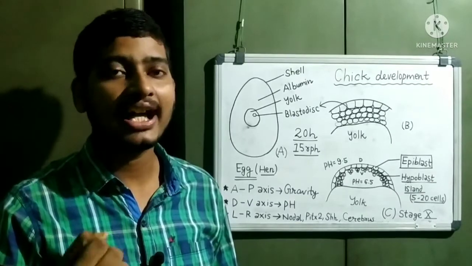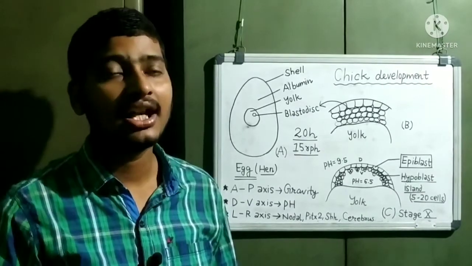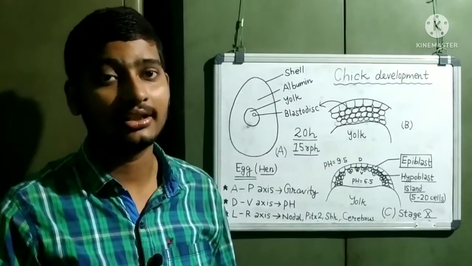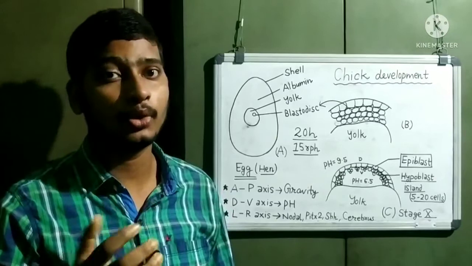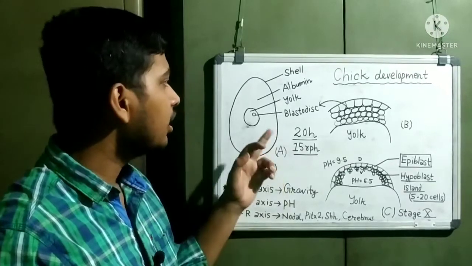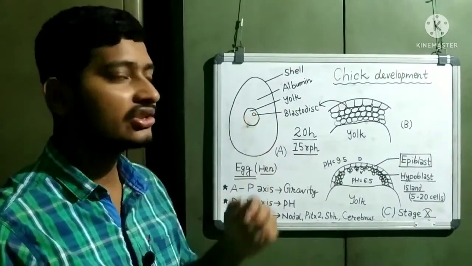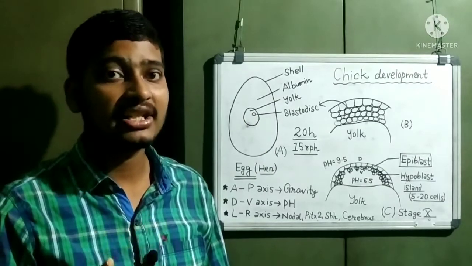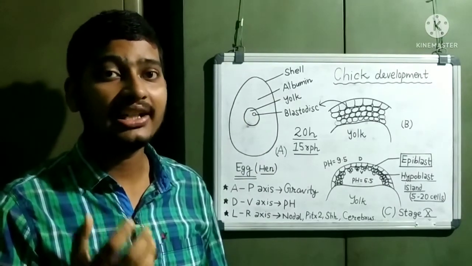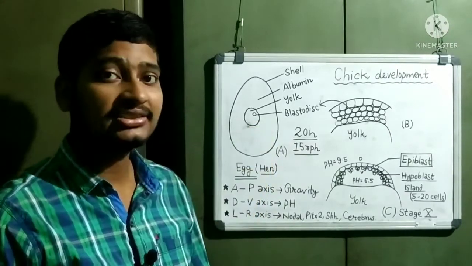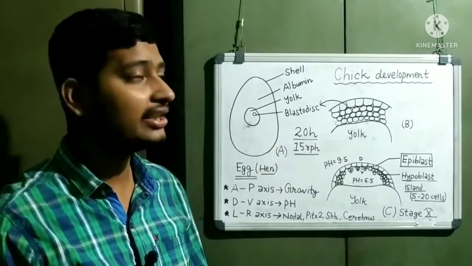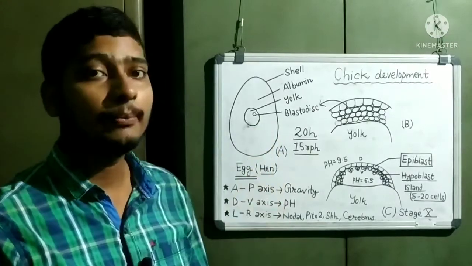All birds have megalecithal egg and telolecithal egg, that is, yolk is concentrated at the vegetal pole. Okay, along with the yolk there is a blastodisc where the division takes place, where the cleavage takes place. So discoidal meroblastic cleavage occurs in the egg of the birds.